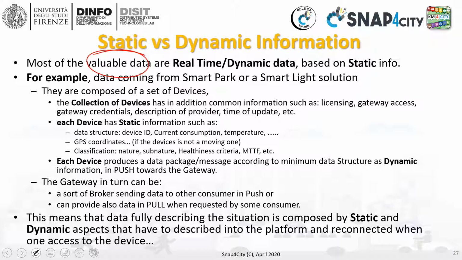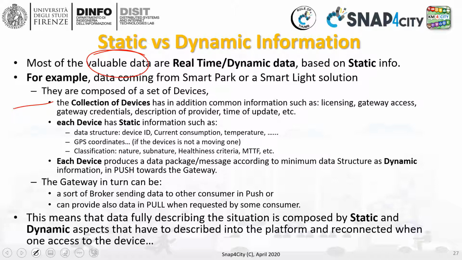For instance, a smart park or a smart lighting, for example, in an area, in a garden, you have 100 different lights. That is the collection of devices. You know that this collection of light devices are managed all together with one single license, with one single credential, with one single frequency of the update, and so on.